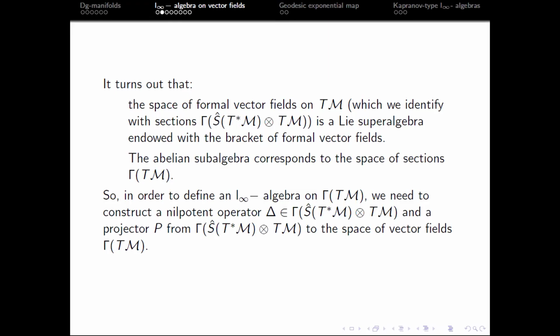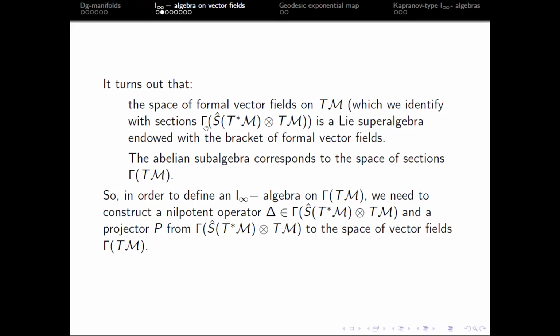Sorry, Marta, there is a question. What is this S with a hat, where you define this space of formal vector fields as sections of a bundle? This is symmetrization. Yes.